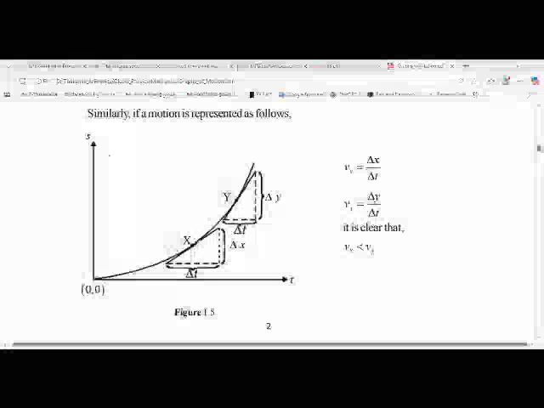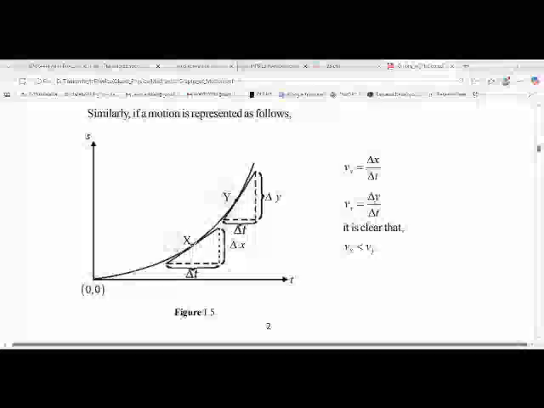If you want to find velocity at this point, you have to draw a tangent and find the gradient of this tangent. Complete a right angle triangle, and with respect to this angle, you have to divide the opposite side by the adjacent side. Okay, it's a gradient.